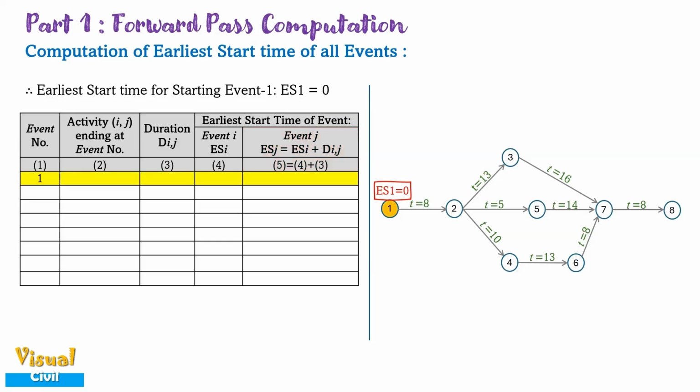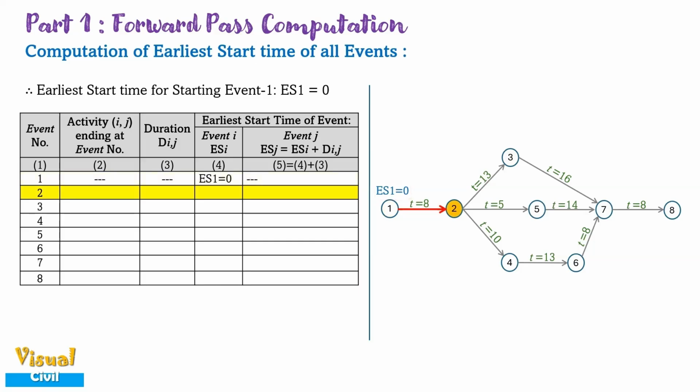To start the computation, enlist all the event numbers of network from 1 to 8 in ascending order in column 1. For event 1, there is no activity ending, hence no duration and no start time of end event. The earliest start time of event 1 is already known, which is 0.